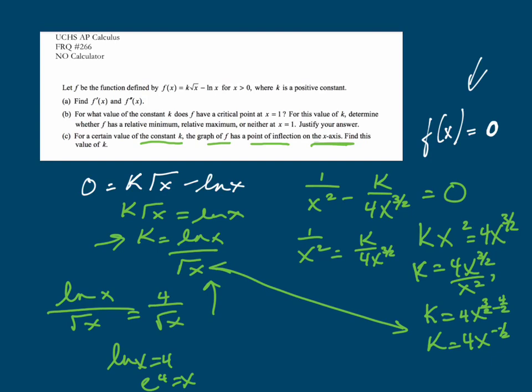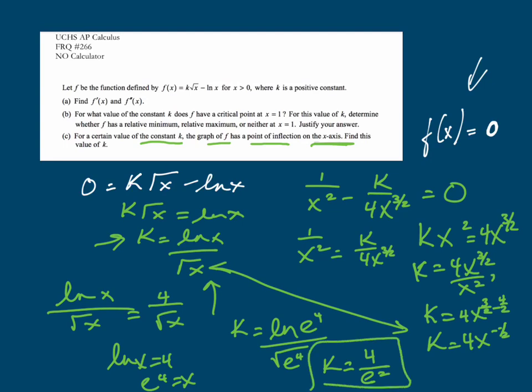So if I have k is ln of x, which is e to the 4th, over the square root of e to the 4th, then I get k is equal to 4 over e squared. And that's the right answer. K equals 4 over e squared. So that was part C. That was a little weird, but nothing you couldn't do if you thought about it.